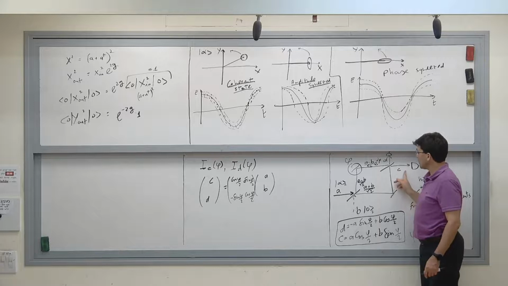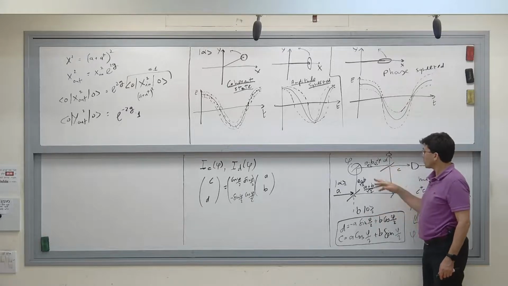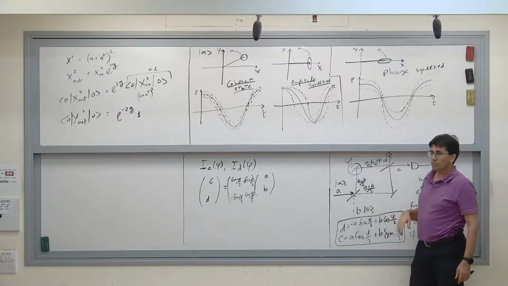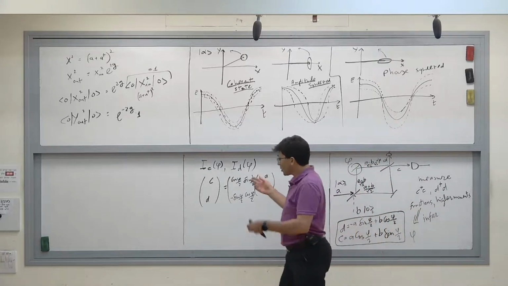A goes out to D, and B goes out to C. You swap them. And in between, you mix them.